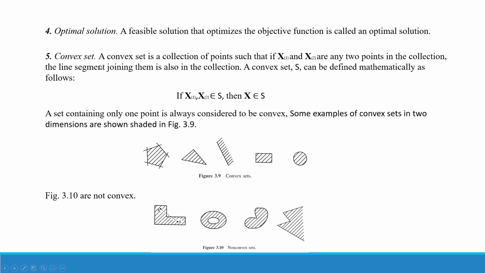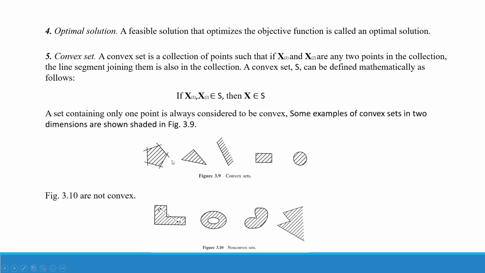The convex set is about the area of feasible solutions, and for any two points that we pick, x1 and x2 belonging to S, the whole line between them also belongs to S.